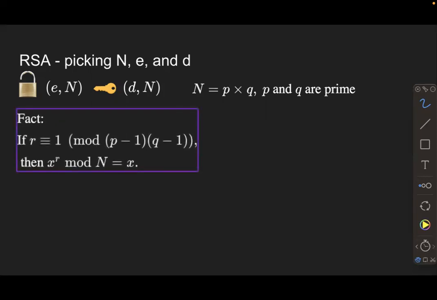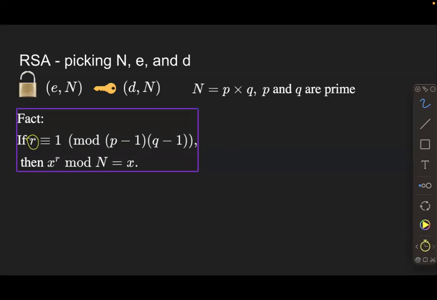One fact we're going to use is this: if a number R is congruent to 1 mod (P minus 1) times (Q minus 1), then if we take any number to that power and mod it by N, we get that number back. You can maybe see what this implies.